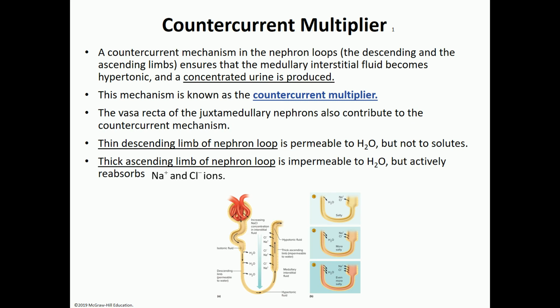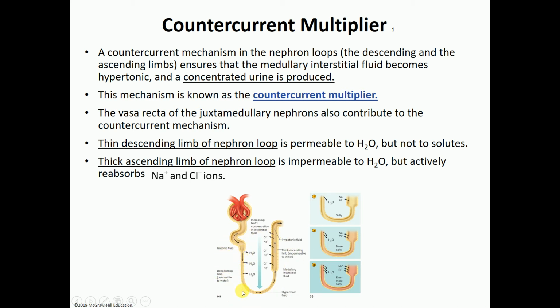And that takes us to the countercurrent multiplier. That's why I wanted to go over that one point, because it is the hypertonicity of the interstitial fluid in the medullary area that is going to help us understand how this countercurrent multiplier works. Two other things that we want to talk about, kind of like background information that we would need to know: the countercurrent multiplier occurs in the nephron loop.